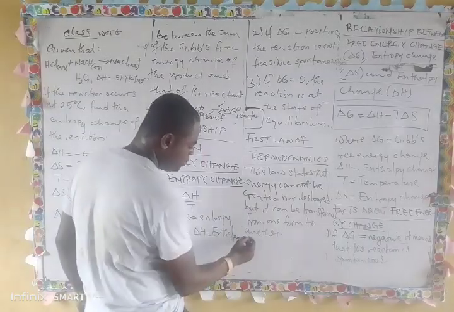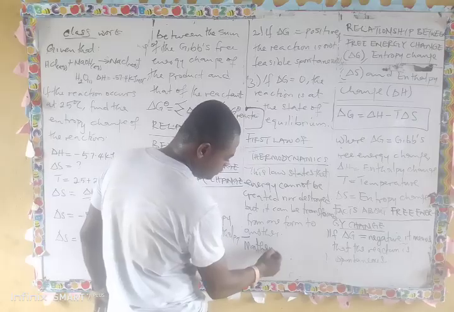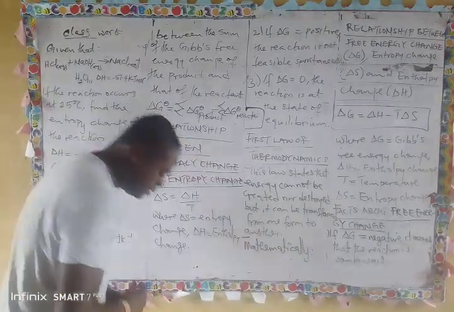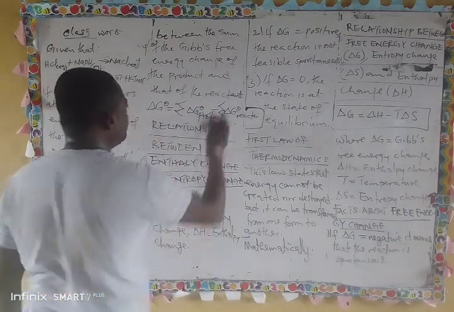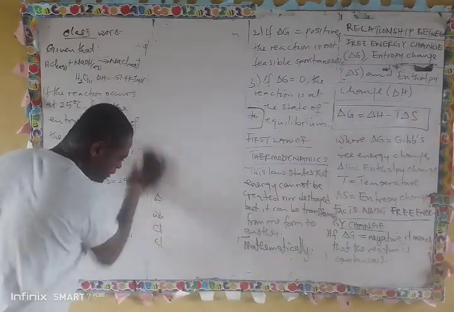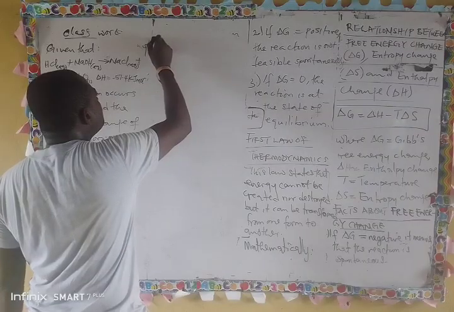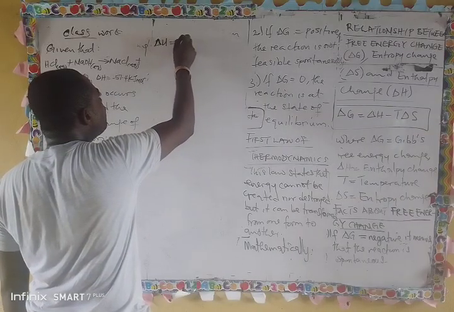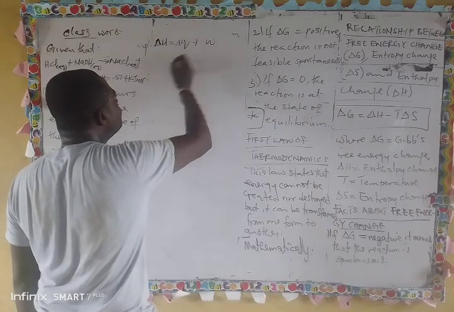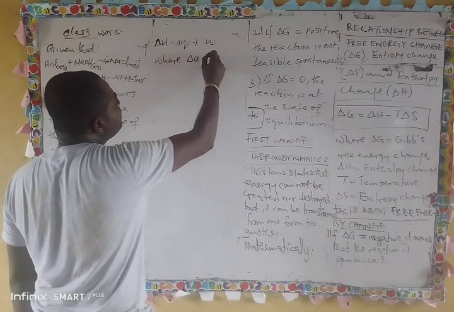So, mathematically, you can represent this statement mathematically. Delta U equals Q plus W, where delta U means what?